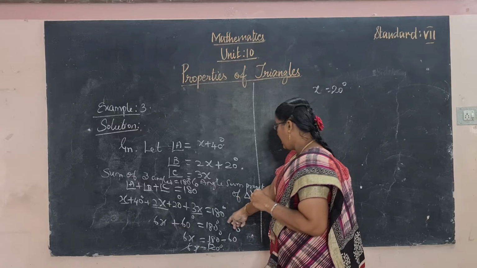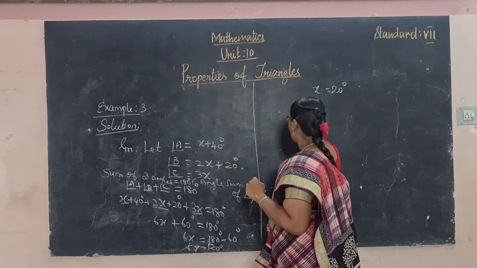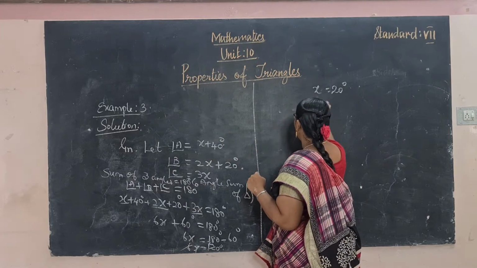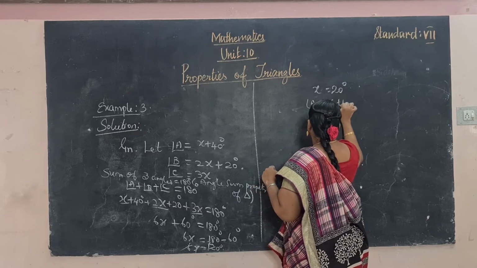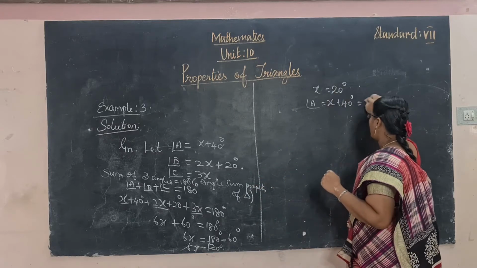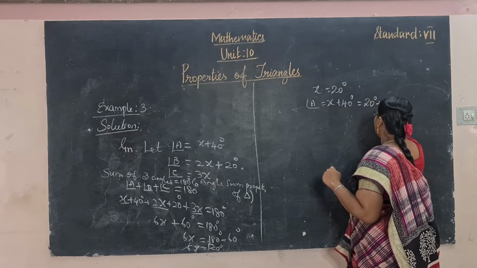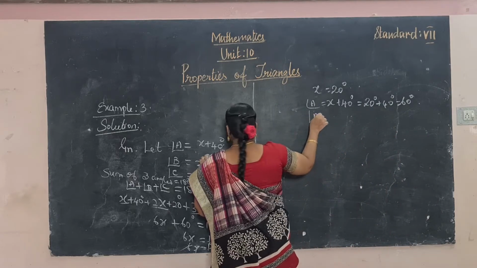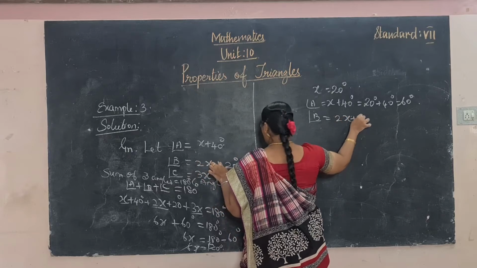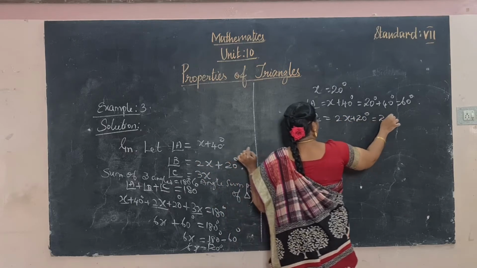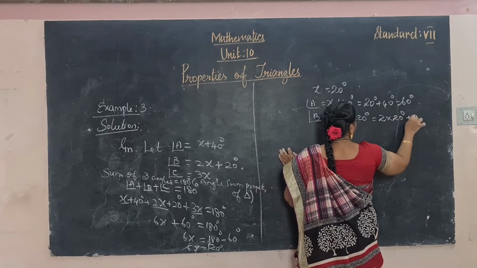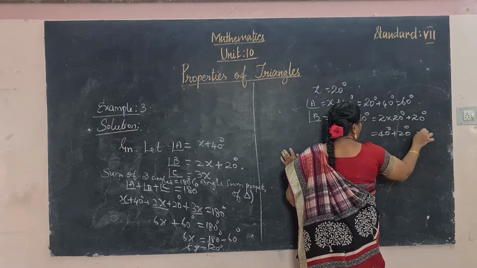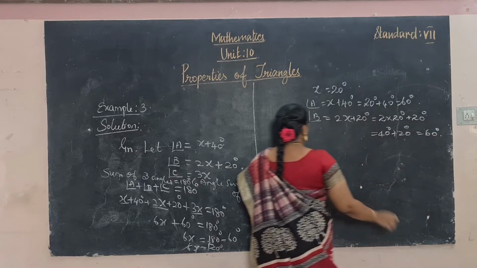So first we have to calculate all the angle values. We have found the value of x, now find the angle A. A is equal to x plus 40 degrees. The x value is 20 degrees, plus 40 degrees is equal to 60 degrees. Angle B is equal to 2x plus 20 degrees: 2 into 20 degrees plus 20, so 40 degrees plus 20 degrees is 60 degrees.